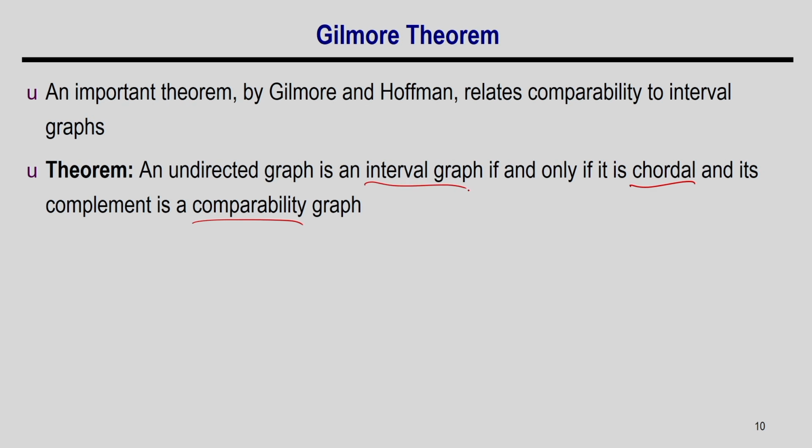And to identify whether a graph is an interval graph or not, I have to apply this theorem. I have to check whether that particular graph is a chordal graph or not, and whether its complement graph is a comparability graph or not, right. If it is, then it is an interval graph, and if it is an interval graph, I have an efficient algorithm which I can apply to solve this graph coloring problem. Okay.